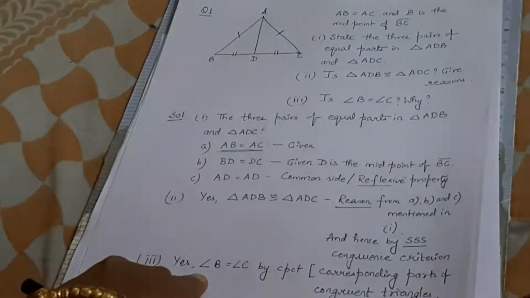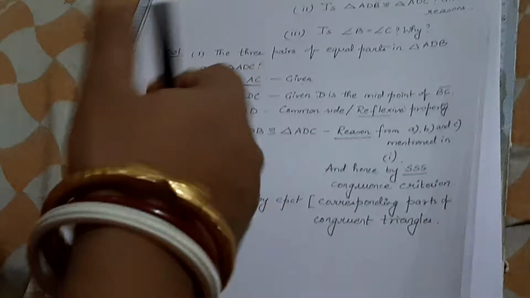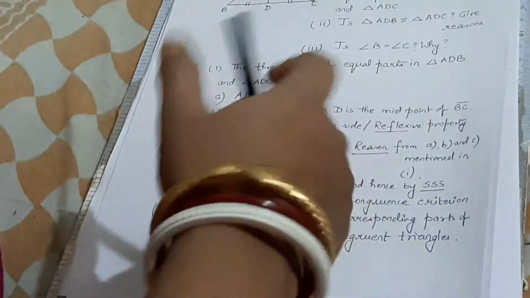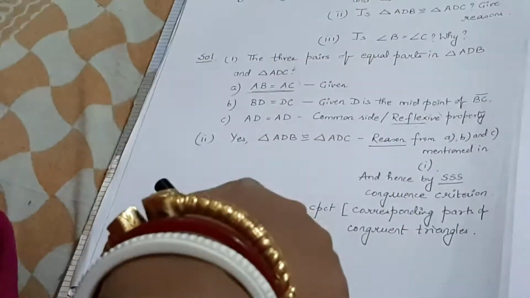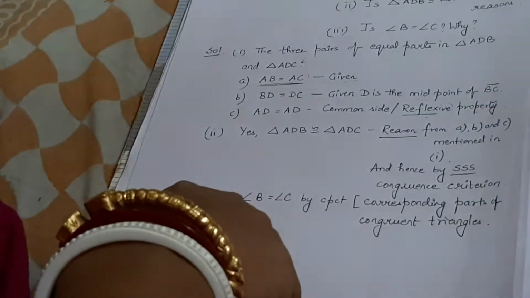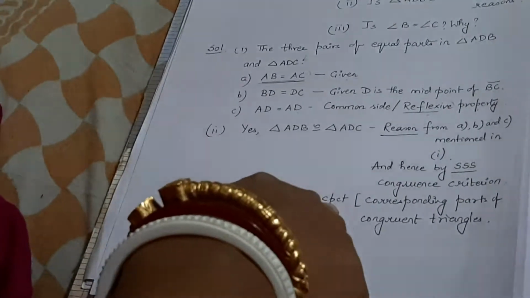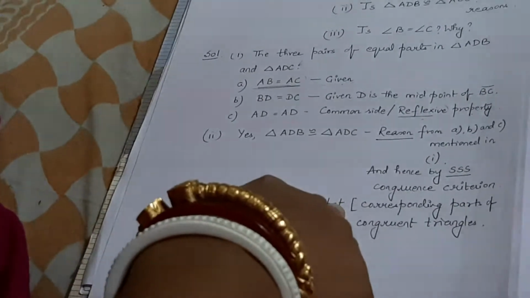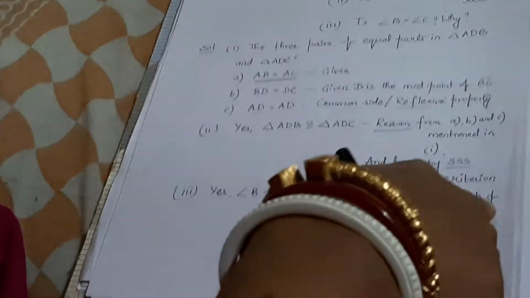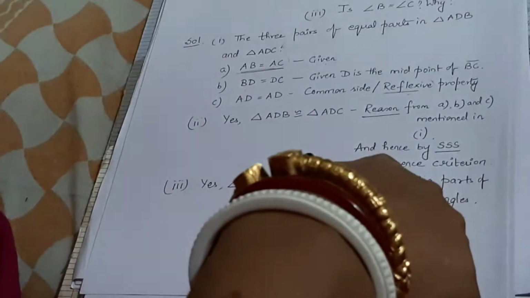So I have written yes, angle B equal to angle C. Why? Because you have already proved that the two triangles are congruent. What is this CPCT? It is corresponding parts of congruent triangles.